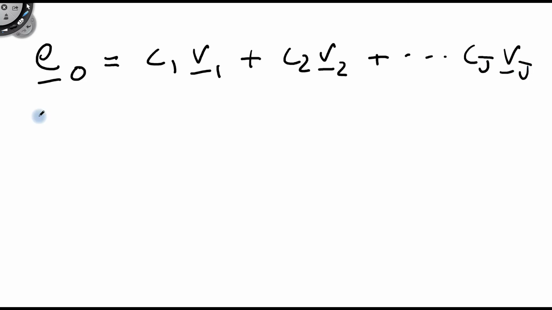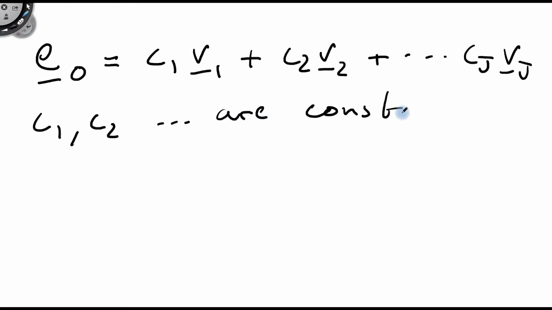The c's are just constants used to construct the initial error. You don't need to know what they are, but if you imagine an initial error, the c's would project differently onto different eigenvectors.